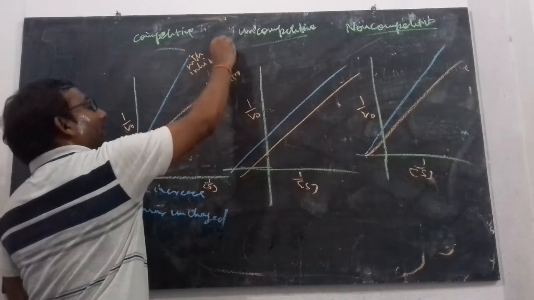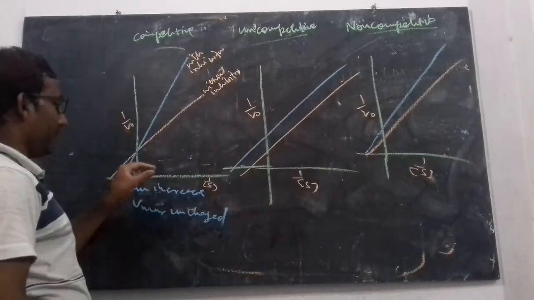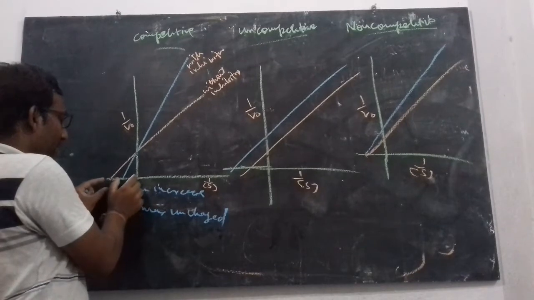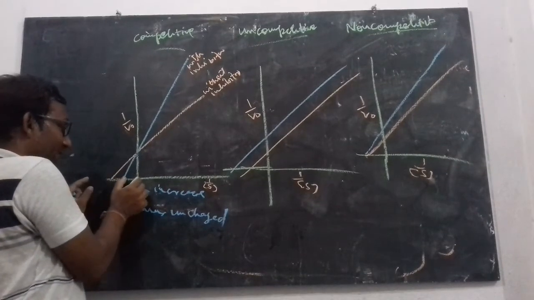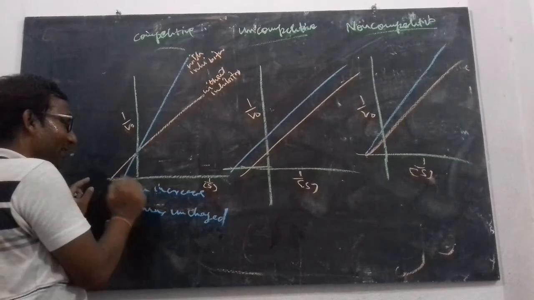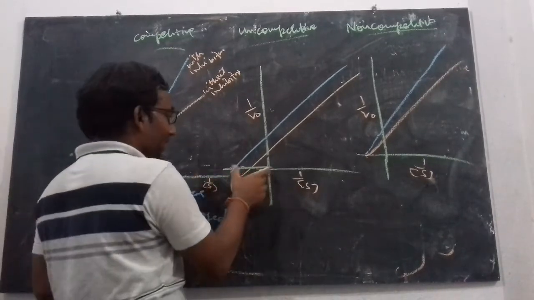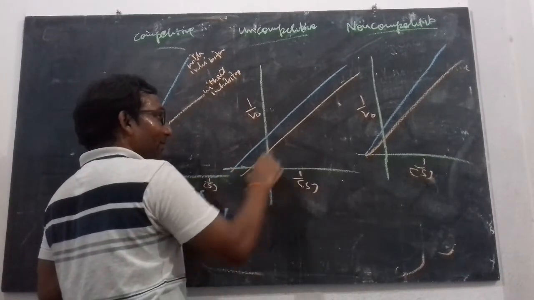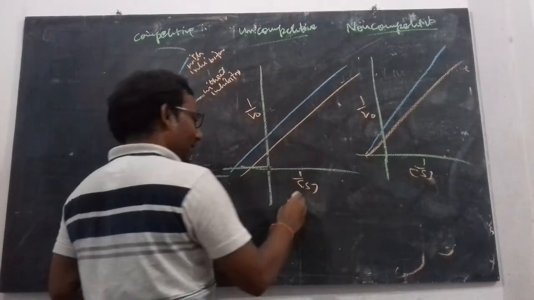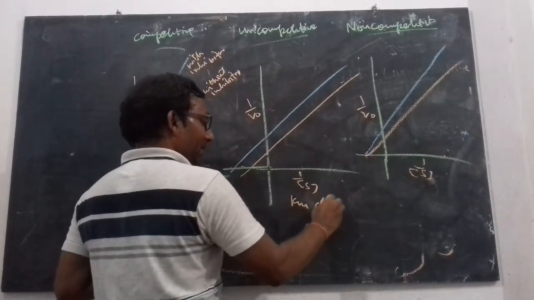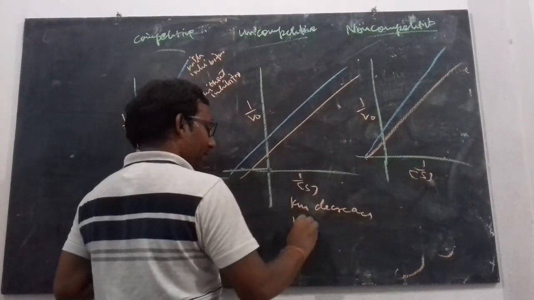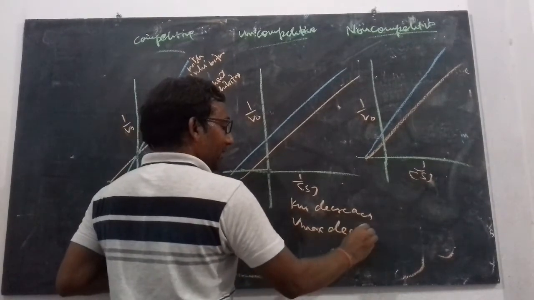Similarly you can understand for all. Here you see Km increases. Km was this, it has increased, it has come nearer to the origin. So Km has increased, Vmax is unchanged. Here, Km decreases and Vmax also decreases.